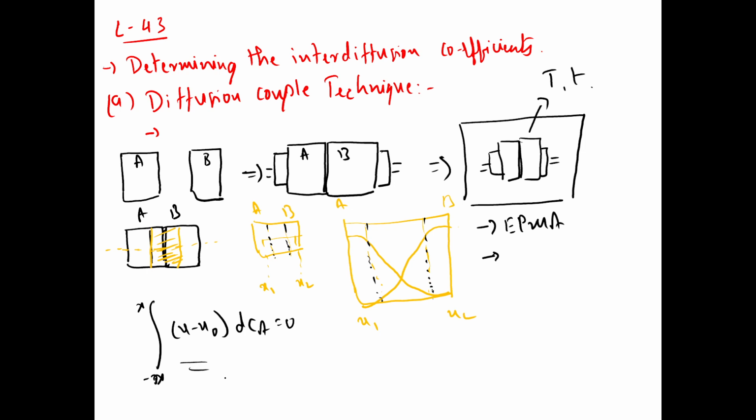The mass balance should be maintained. From that concept, we will be determining the Matano plane. The Matano plane is a plane across which the mass is balanced, so it's also called a mass balancing plane. Here x naught is the Matano plane.